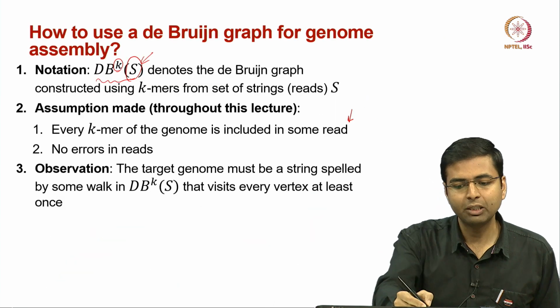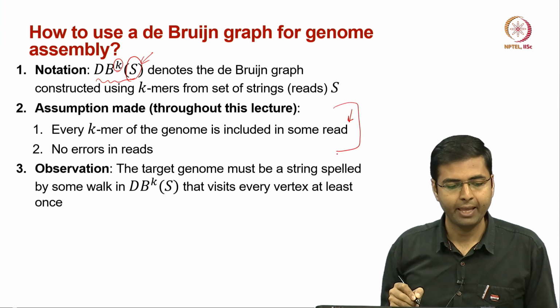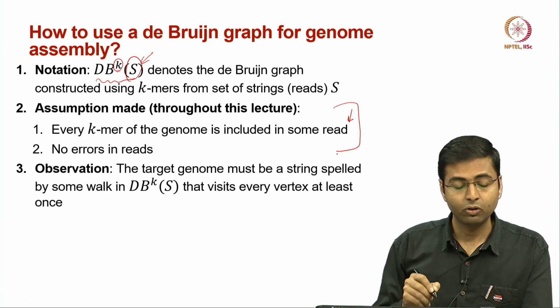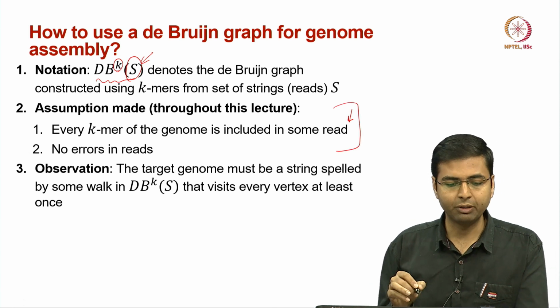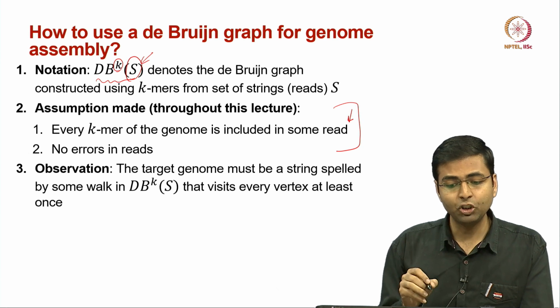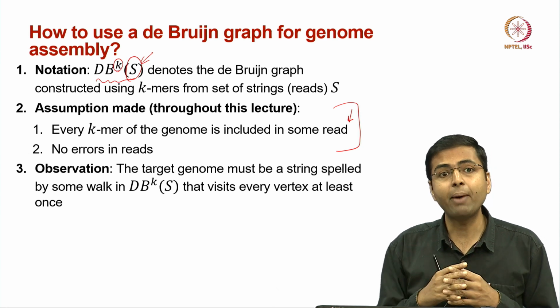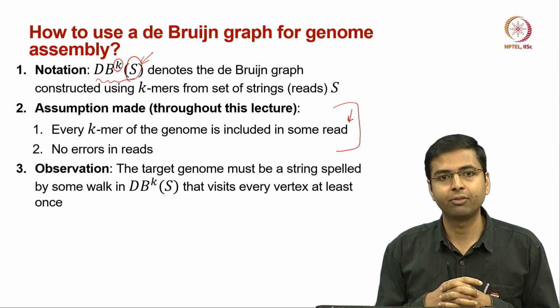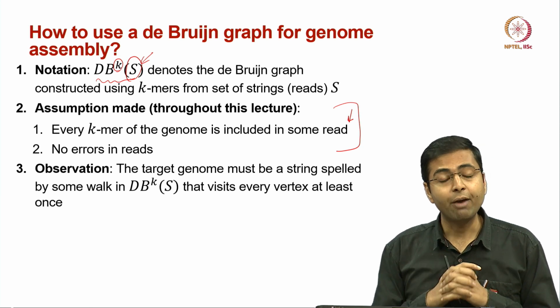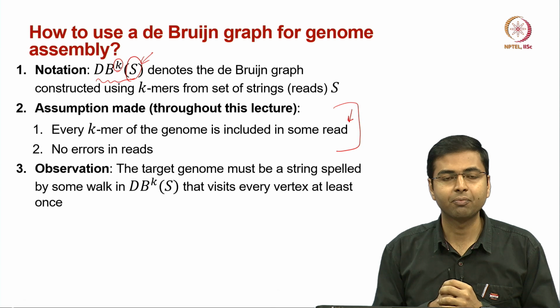Now, given these assumptions, we can make the following observation, that the target genome must be a string spelled by some walk in the de Bruijn graph that visits every vertex at least once.